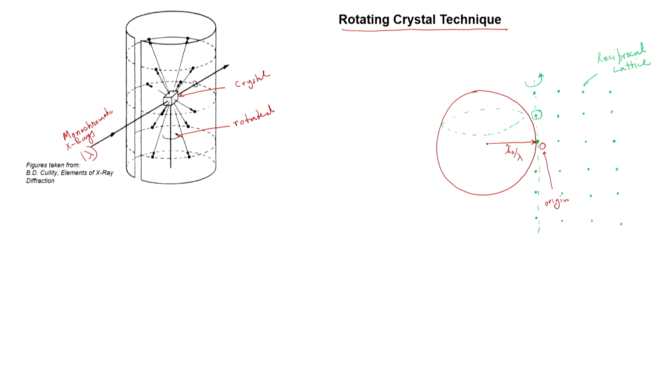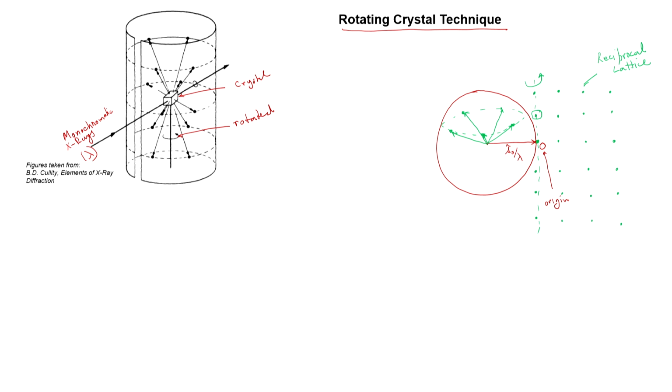and it may intersect at various locations on the surface of the sphere, resulting in scattered beams forming a kind of a cone.